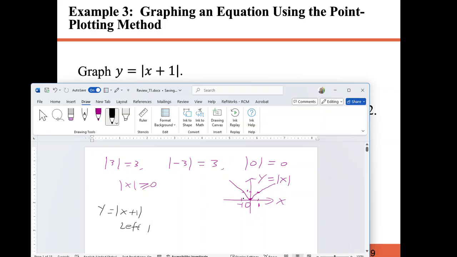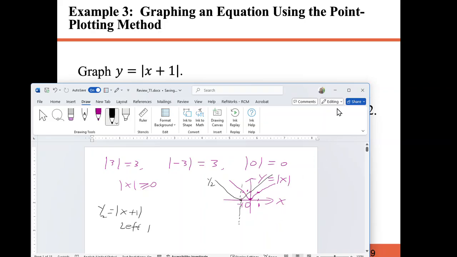So that means when x is -1, this will be 0. So this is moving here 1 unit to the left, something like that. We call this one y2.